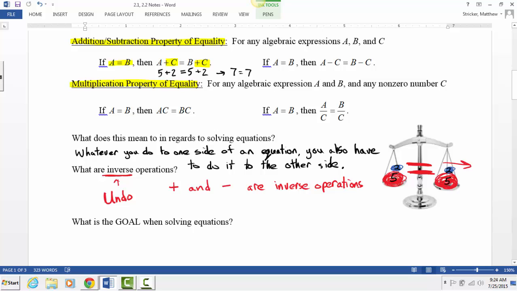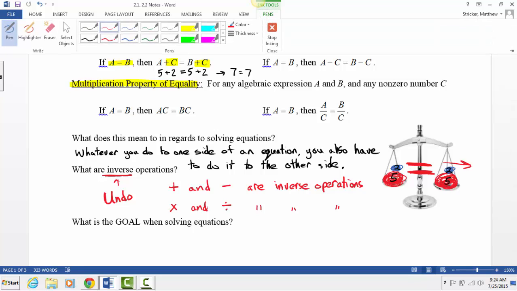Can you think of any other operations that undo each other? We know if we add 2 and we take away 2, we get back to where we started. Also, multiplying and dividing. These are inverse operations. Okay? I'll talk more about what I mean by that in a second, but we're going to use this concept of inverse operations along with the idea of keeping an equation balanced to solve equations.